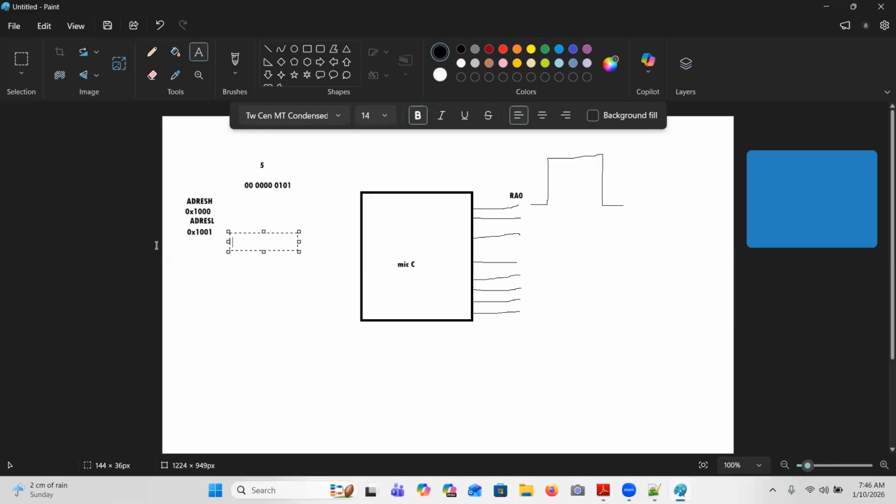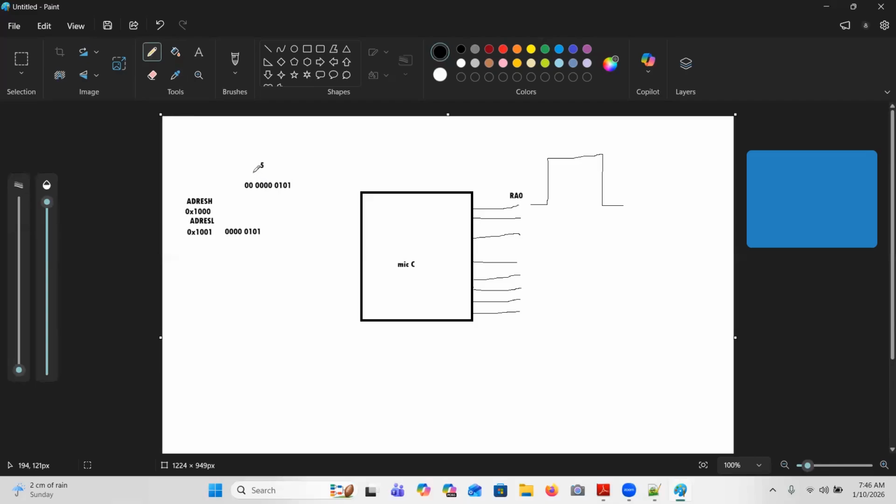This AD result L will have 8 bits, because it is 8 bits. From the result we will take the least 8 bits. What are the least 8 bits? They are 0, 0, 0, 0 and 0, 1, 0, 1. That will go to AD result L. Total 10 bits, we are dividing into two sections.